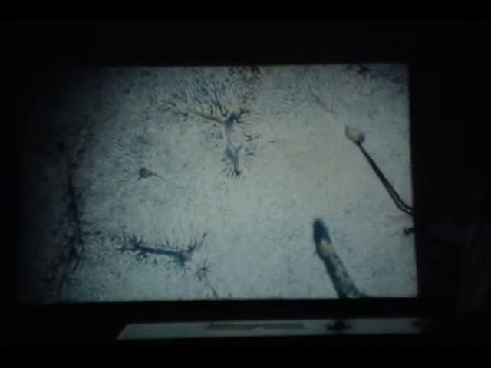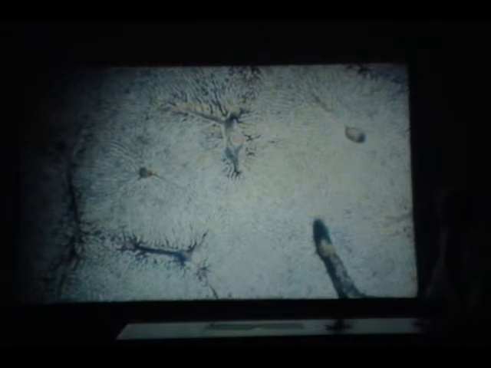What you're seeing are the sinusoids that have been injected with this blue gelatin, just to show you how they make their way towards the center where there is a central vein. And the next slide.